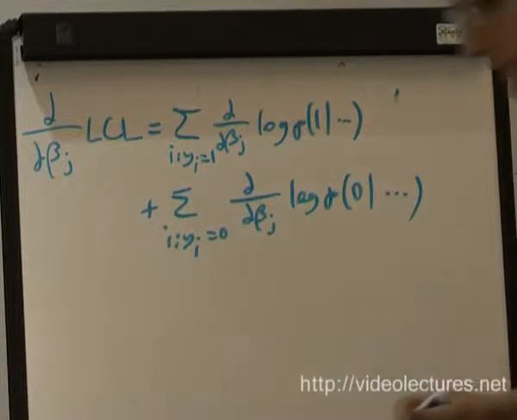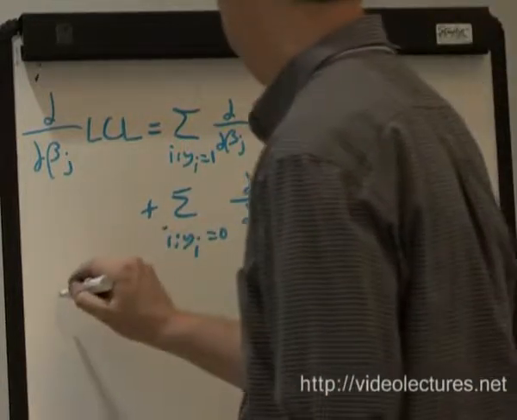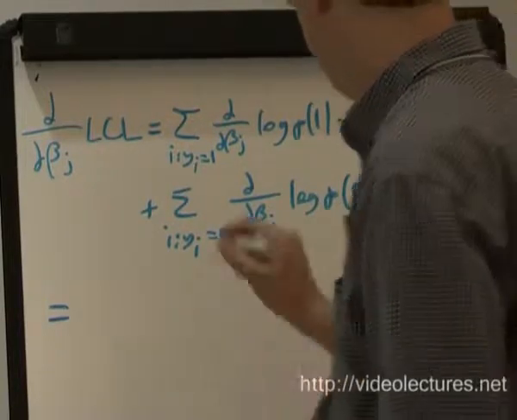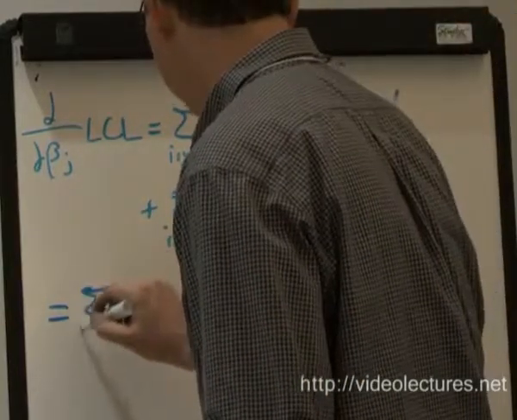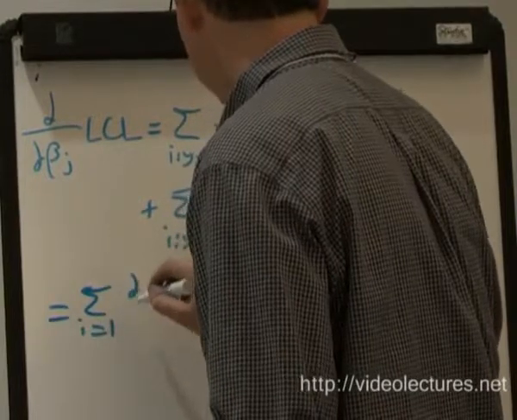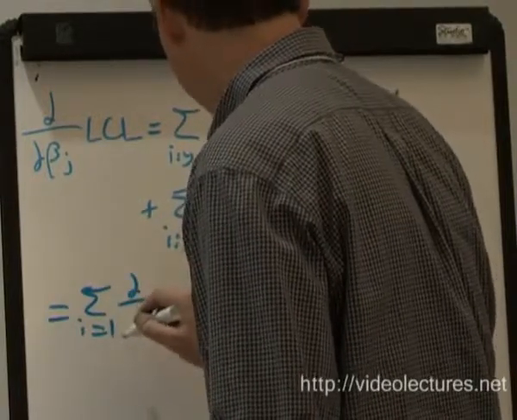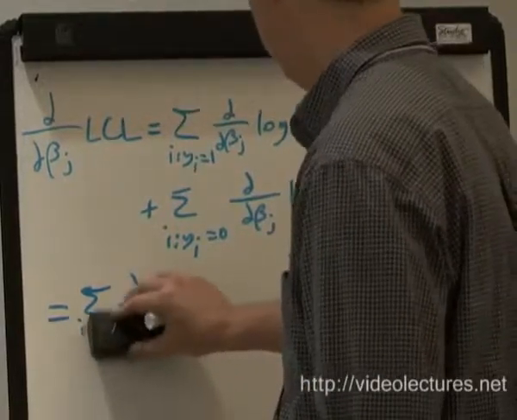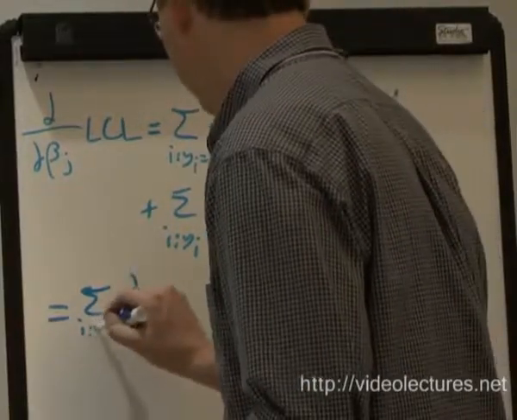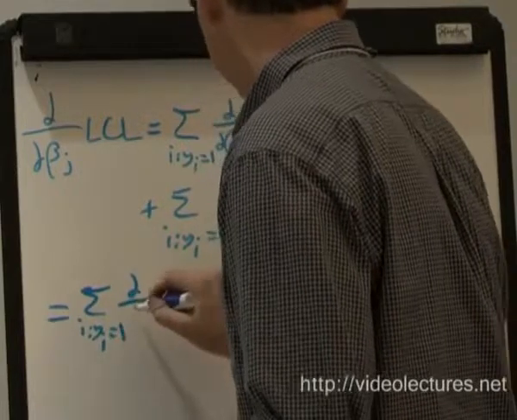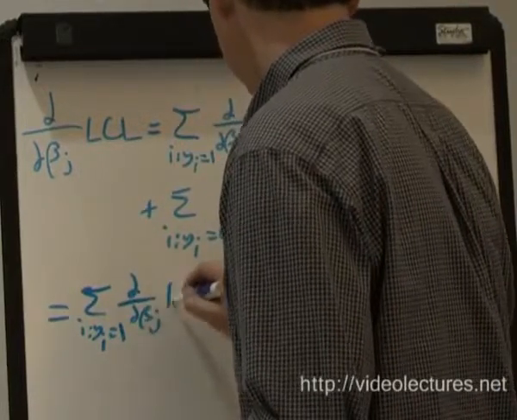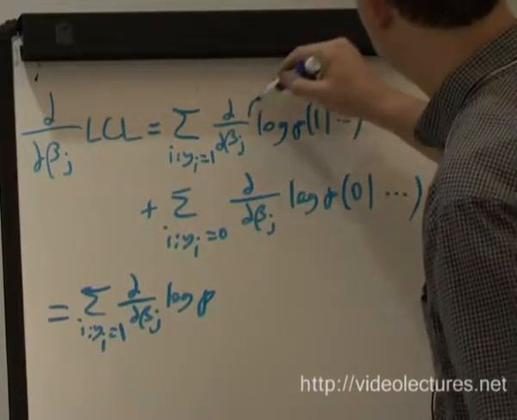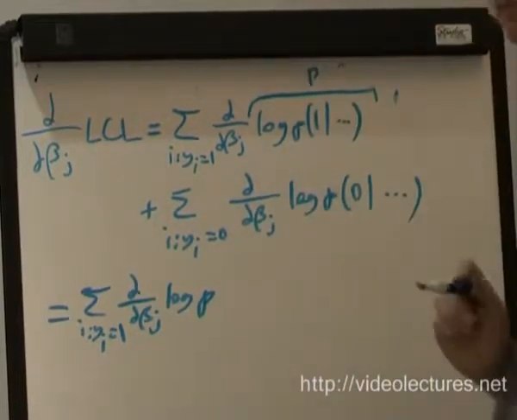So now again, changing my notation a little bit. Sum over i such that yi equals 1, d by d beta j log p. So I'm just going to call this p.